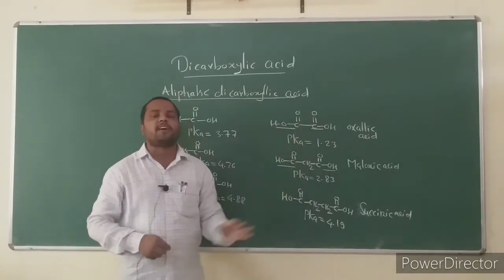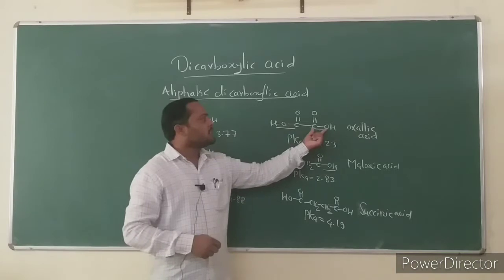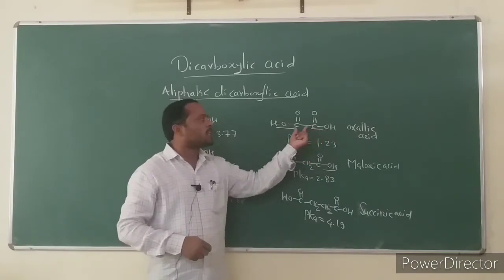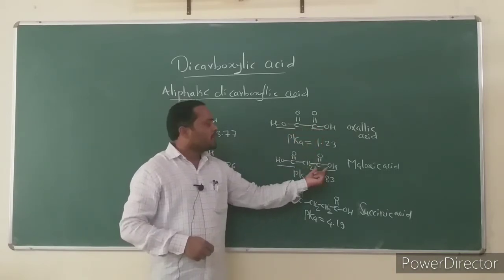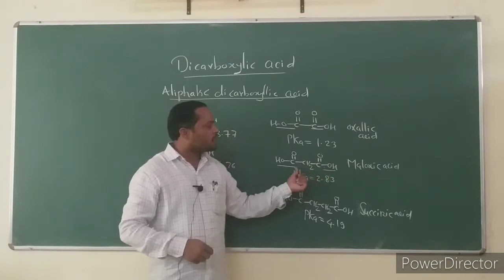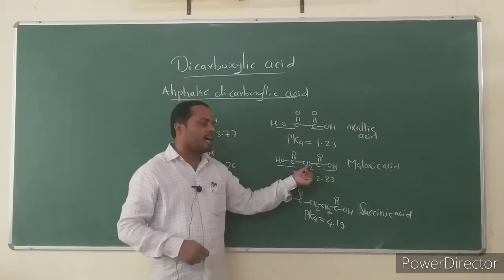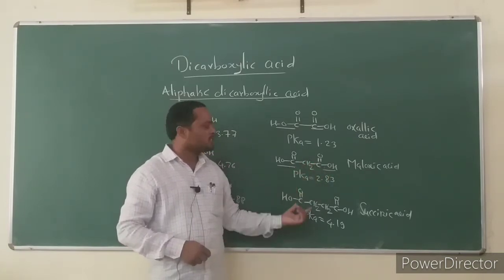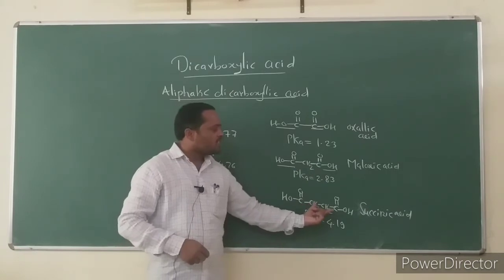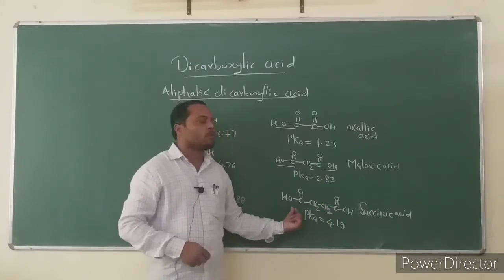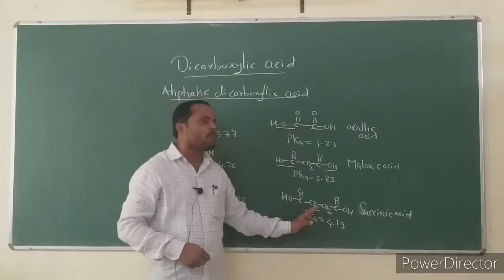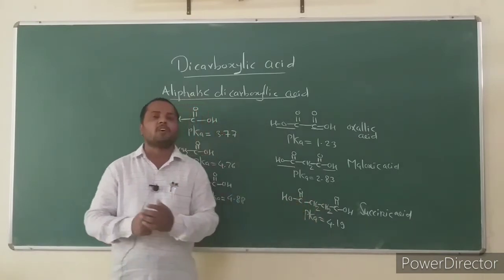All these are aliphatic dicarboxylic acids. Oxalic acid contains two carboxylic groups directly attached to each other. In malonic acid, two carboxylic functional groups are separated by one carbon, that is, 2 bonds. In succinic acid, the two carboxylic functional groups are separated by 2 carbons or 3 bonds.